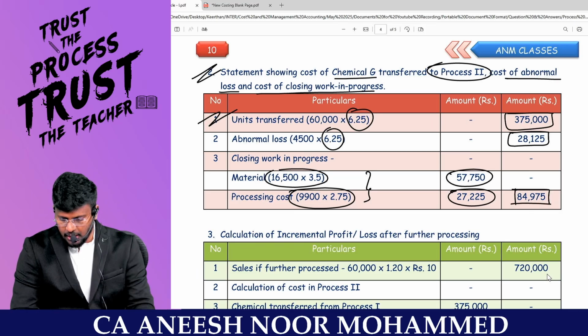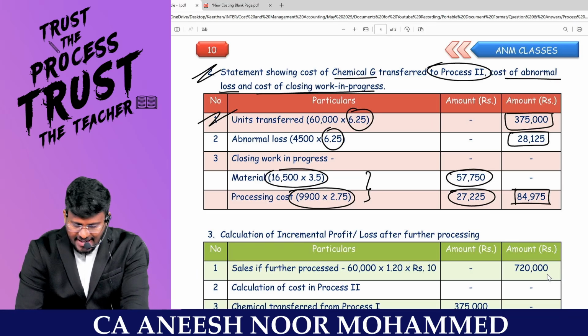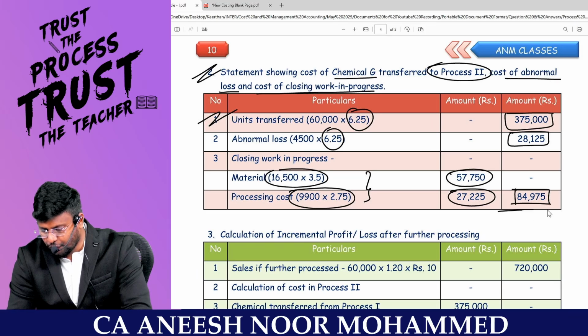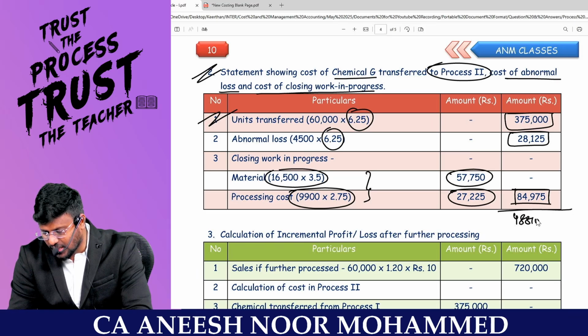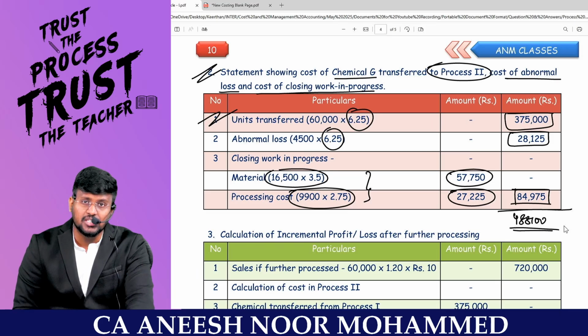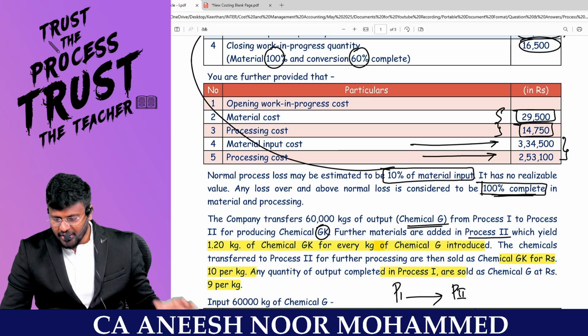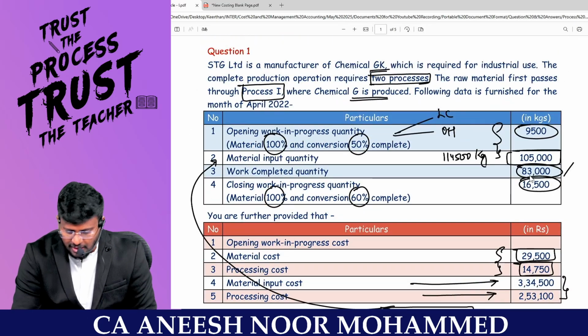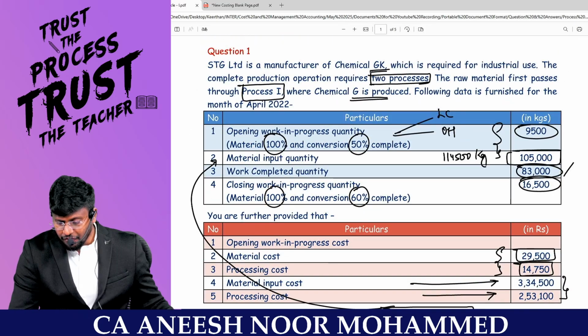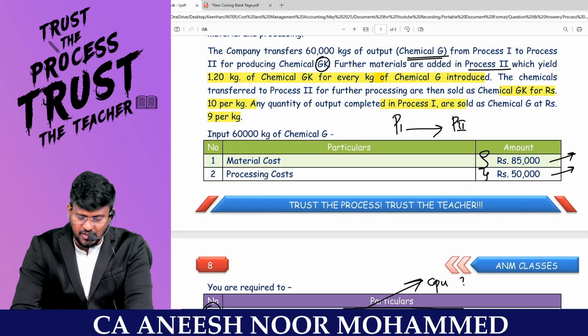So this is the value of the closing WIP. If you see, basically 3,75,000 plus 28,125 plus 84,975, 4,88,100. Sir, in addition to this, actually closing stock will also be there. Why? Because the question is saying that they have manufactured 83,000 kg. But out of 83,000 kg, only 60,000 kg has been transferred to the next process.